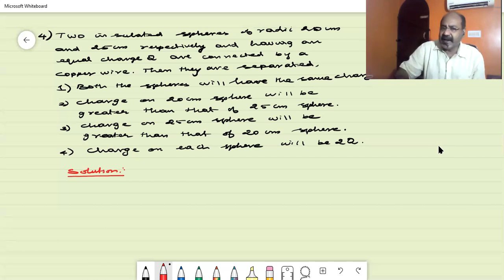Two insulated spheres of radii. So first of all, I am taking the radii as R1 for the first sphere, which is 20 centimeter, and R2 for the second sphere, which is taken as 25 centimeter.